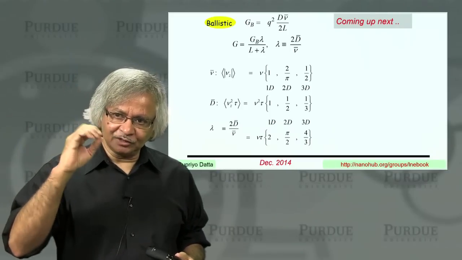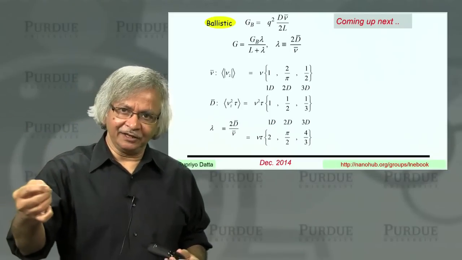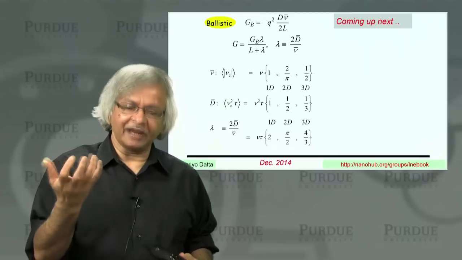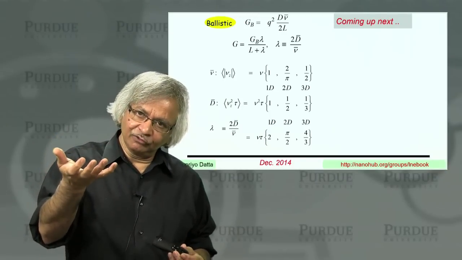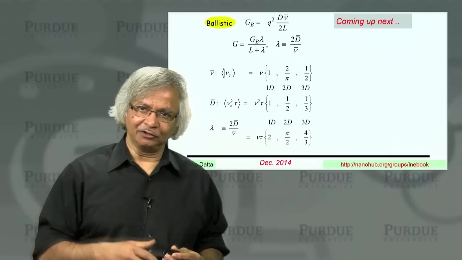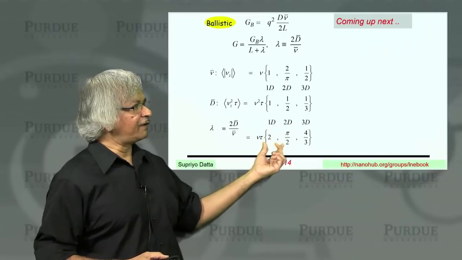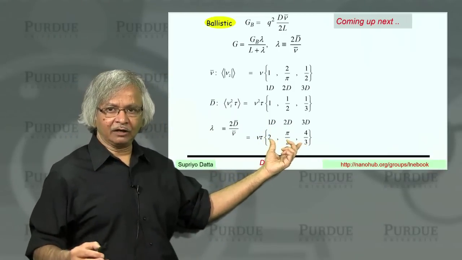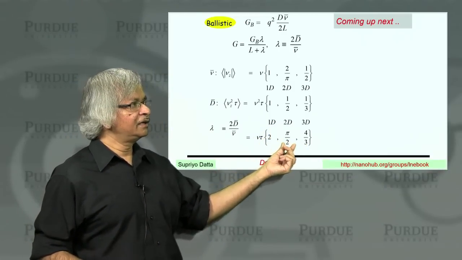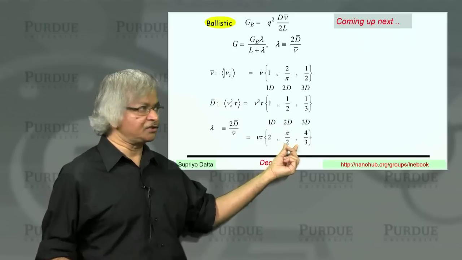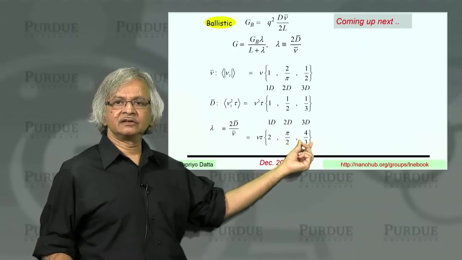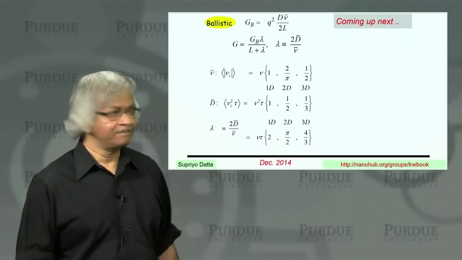And so tau is the mean free time for scattering, but then only a fraction of all the scattering processes involve backscattering, where you actually turn around. And so the factor here is always bigger than 1. In 1D it's 2. In 2D it's half pi, which is like 1.6 or so. And here in 3D it's 4/3, which is like 1.3.